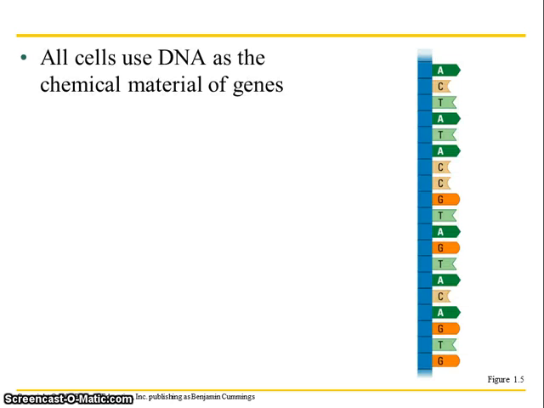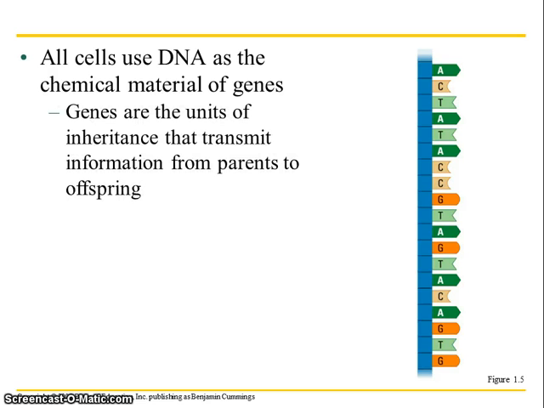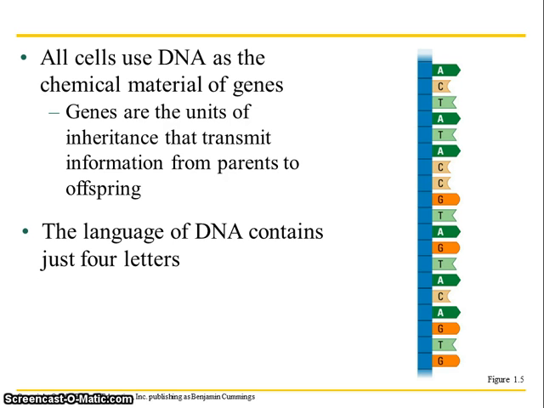So how do we pass on our DNA? How do we know what proteins to make? The code is DNA. This 4-letter system codes for different proteins. We'll look more at that in different chapters. But DNA, just 4 letters, A, C, T, G: adenine, cytosine, thymine, guanine.